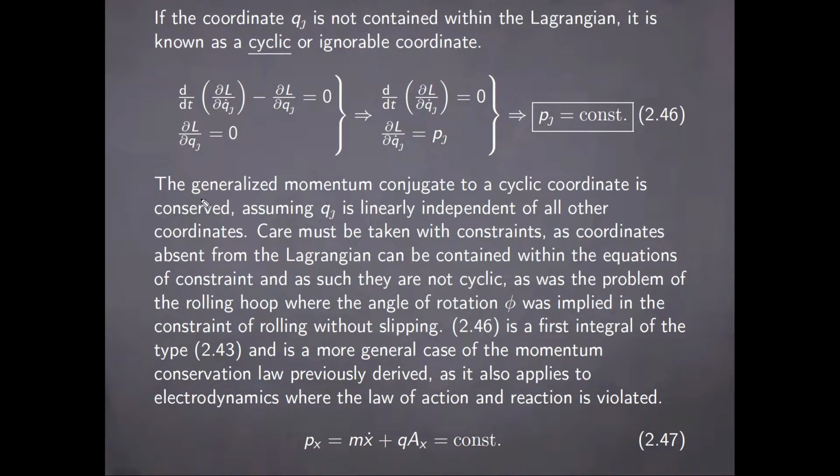So the generalized momentum conjugate to a cyclic coordinate is conserved, assuming qj is linearly independent of all other coordinates.